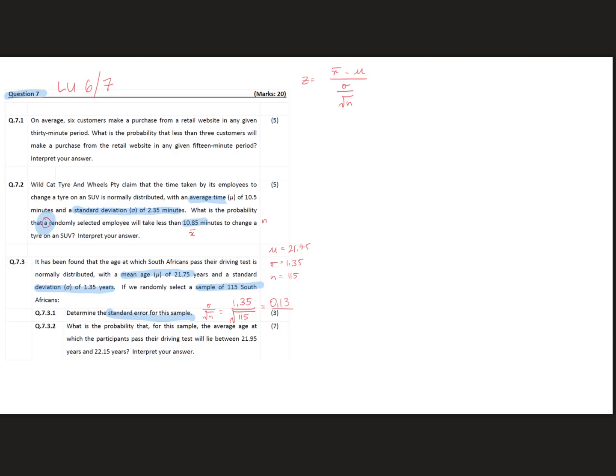Now for question 7.3.2. It says, what is the probability that for the sample, the average age at which the participants pass their driving test will lie between, so there's two values here, 21.95 years and 22.15 years, and interpret your answer.